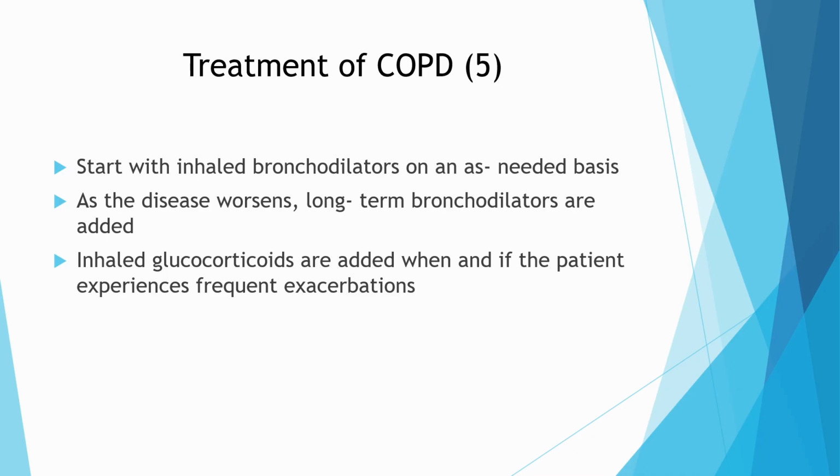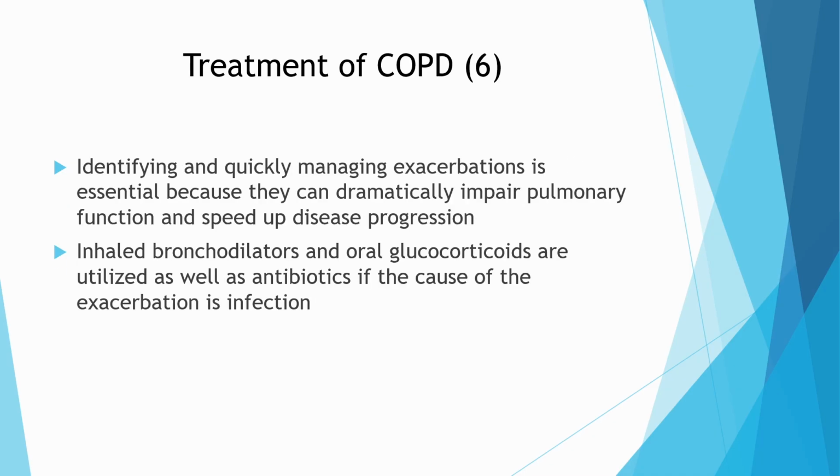So we will start with inhaled bronchodilators on an as-needed basis. As the disease worsens, we can move on to long-term bronchodilators. Inhaled glucocorticoids are added when and if the patient experiences more frequent exacerbations.